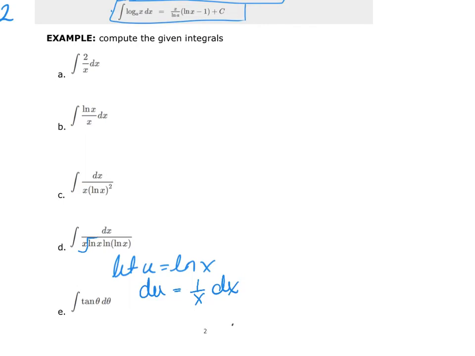So this part gets replaced with du, and this part here gets replaced with u, and this part here gets replaced with u. So what I have now is the integral of 1 over u, the natural log of u, du.